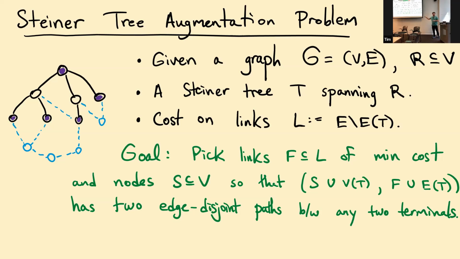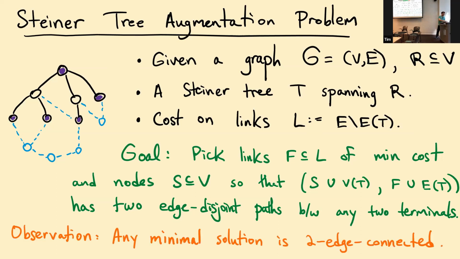But maybe before I go further, there's a very quick simplification that you can do on this problem, which makes it easier to think about. If I'm looking for a two-edge connected Steiner subgraph, that has two edge-disjoint paths between any pair of terminals. But actually, since we're focusing on two-edge connectivity, a minimal solution to this problem is a genuinely two-edge connected subgraph.